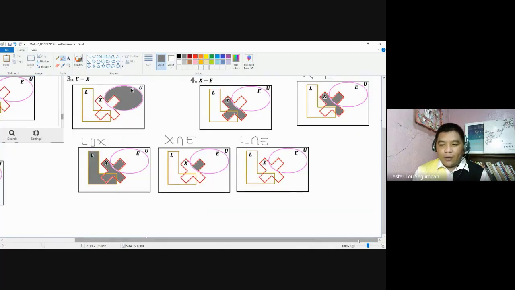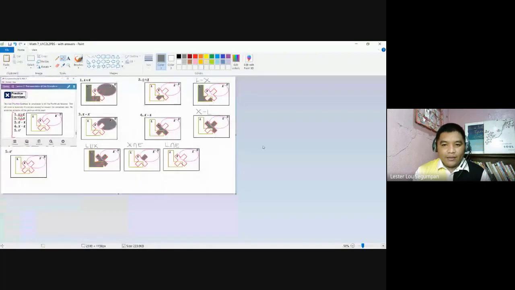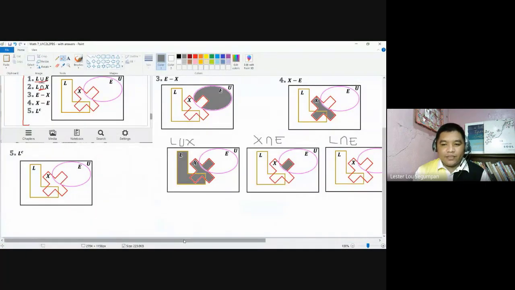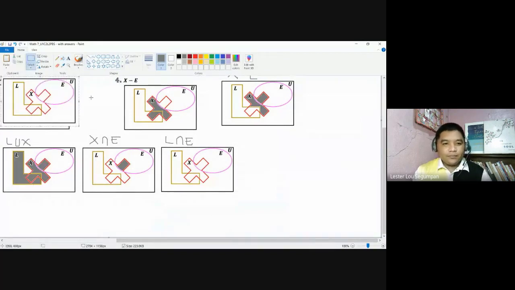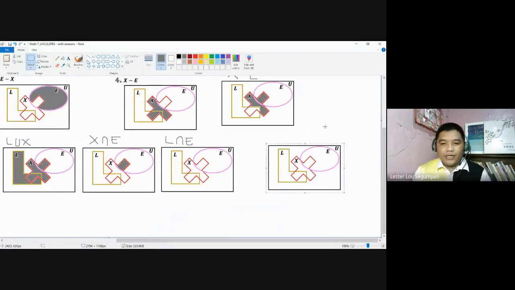Finally, if I add another one for a while, just for discussion purposes, not necessarily part of this pre-break session, let's say I have here the operation L minus E. So I'm going to shade the entirety of set L, which also includes this.